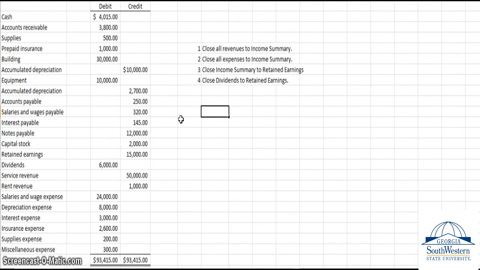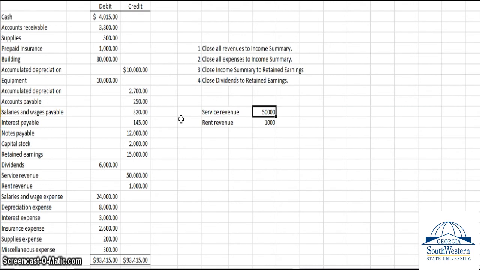And don't write up here revenues and debit it. Revenues is not an account. We need to close each specific account to make it zero. So we've got service revenue, and we want to debit it for $50,000. And we've got rent revenue, and we want to debit it for $1,000.